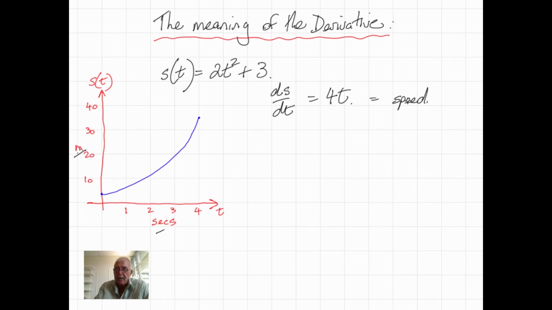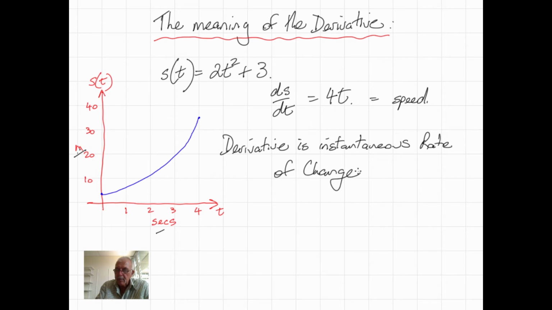Now we said that it's not average. The derivative is the instantaneous rate of change. What do we mean by instantaneous?